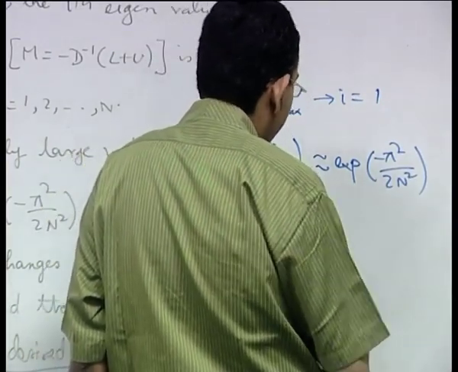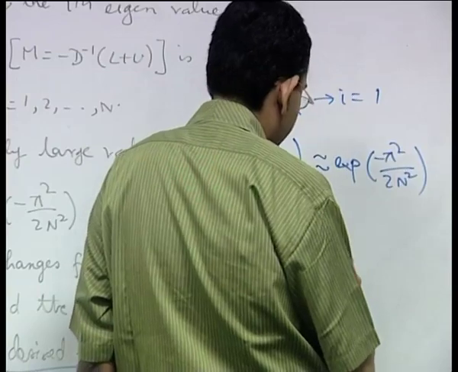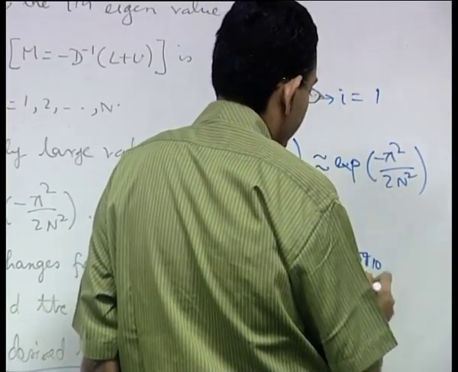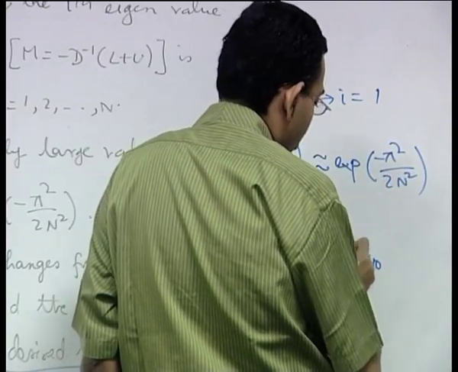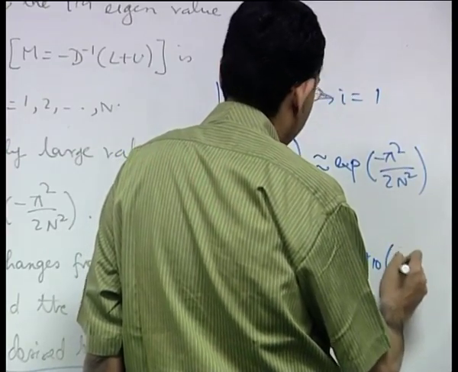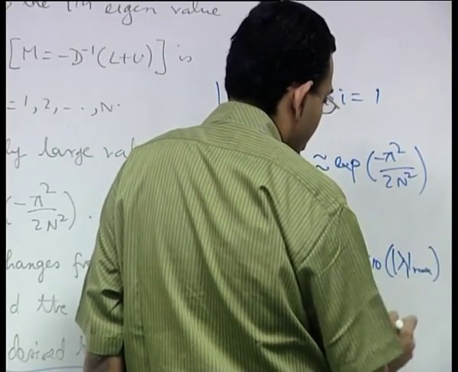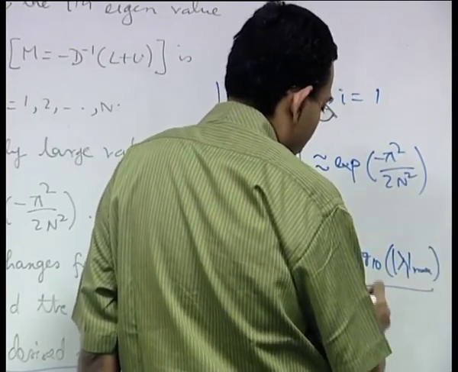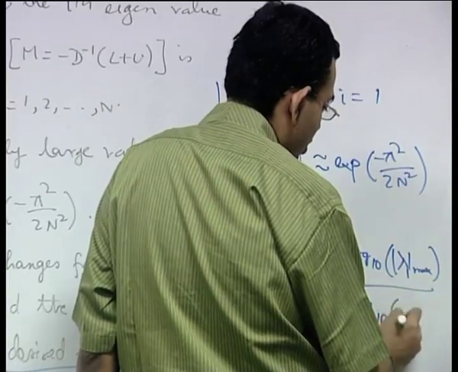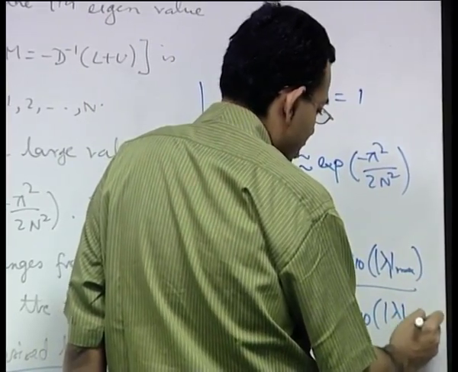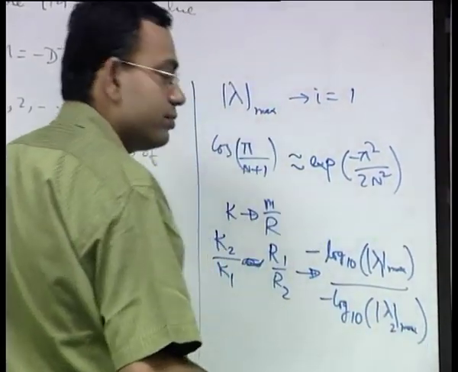What is the rate of convergence for the first case? So, minus log 10 of mod lambda max for case 1, divided by minus log 10 of mod lambda max for case 2.